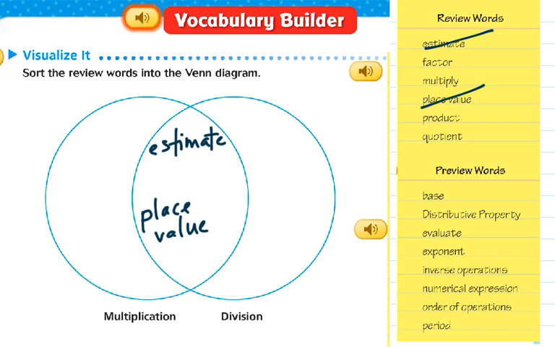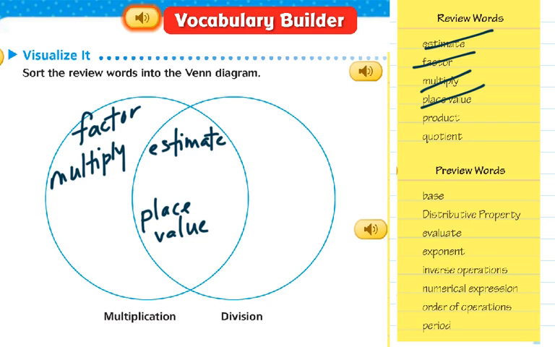So now let's move over to the multiplication. We know that a factor relates to multiplication because a factor is what is multiplied by another factor to get the answer in a multiplication problem, which is a great relay to understanding that in multiplication, the verb or the action word is multiply.